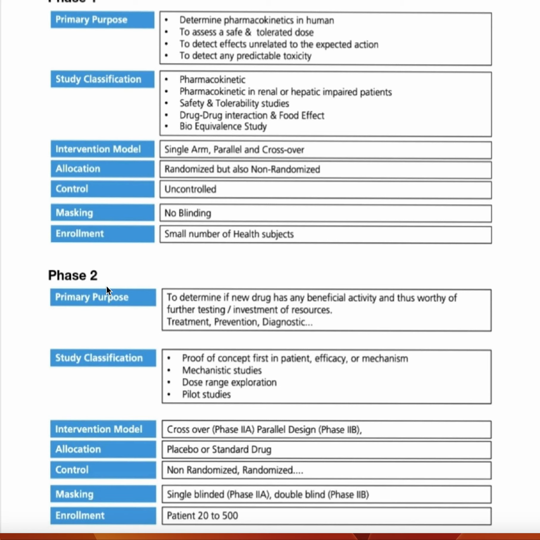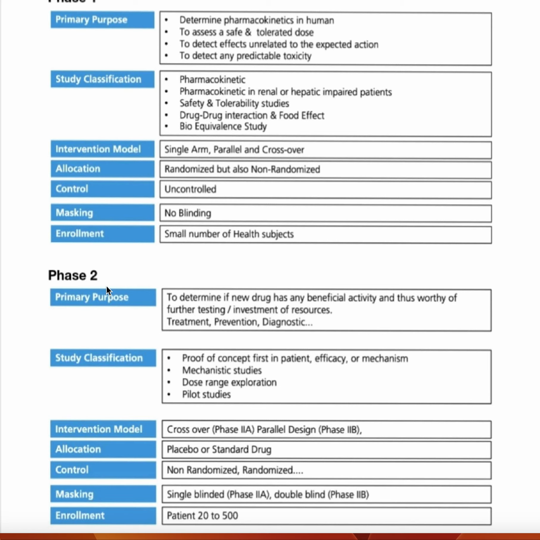Allocation: randomized or non-randomized, but actually we can use both. And the control, we can now use placebo or the standard drug.